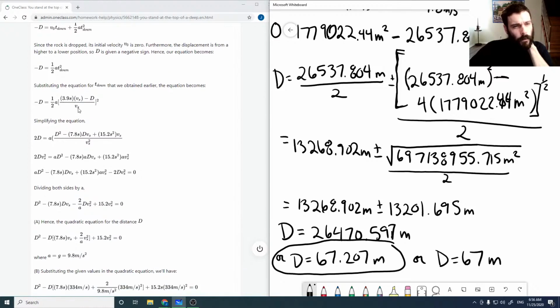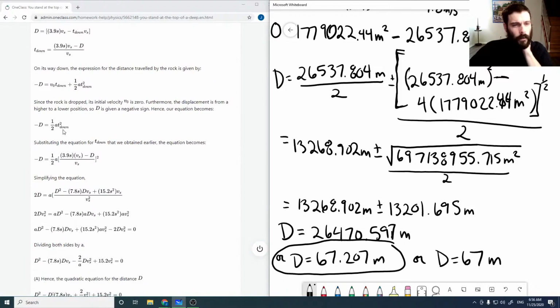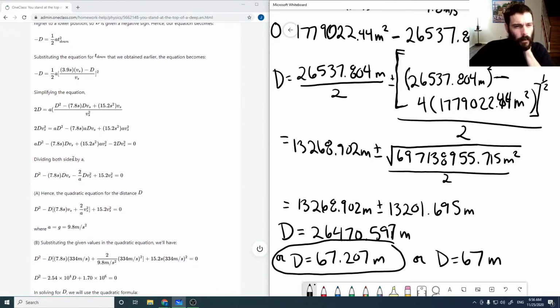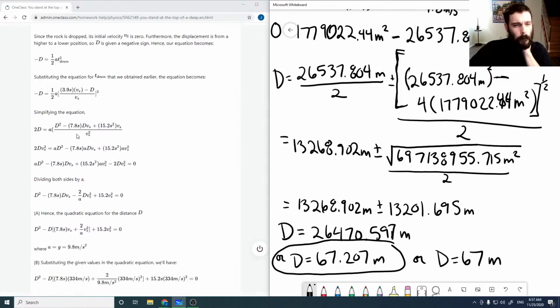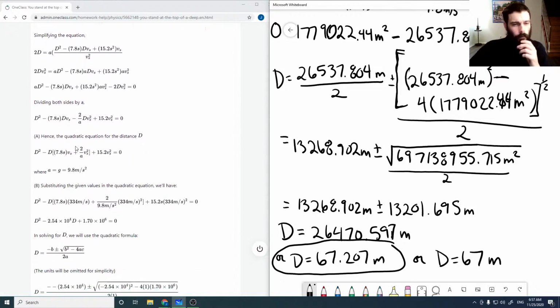Plugging in the T down part, okay. The signs differ, but I don't think the signs matter, so that's okay.